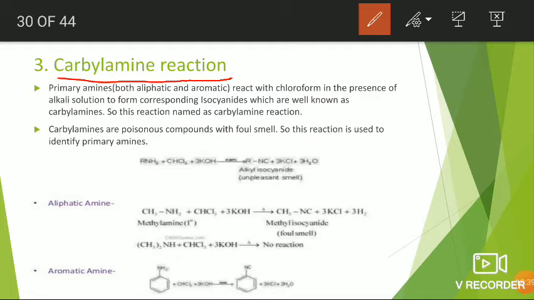Carbylamine reaction. What is the carbylamine reaction? The carbylamine reaction is nothing but the conversion of primary amines. The primary amines may be aliphatic or aromatic, both.